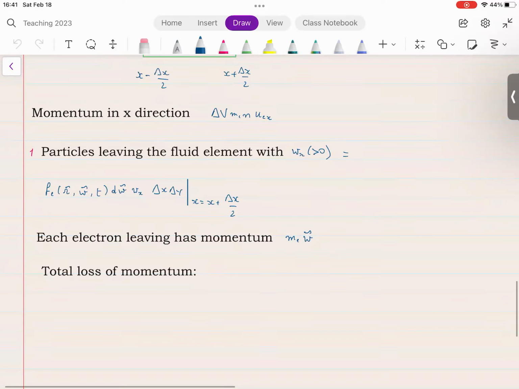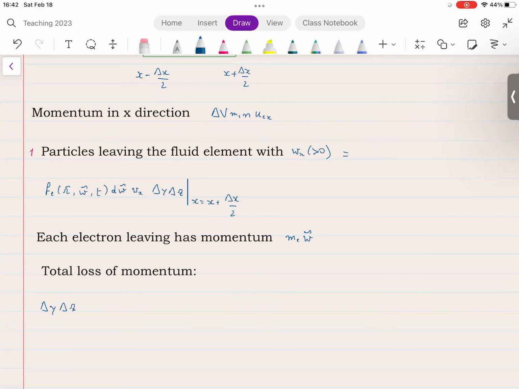And that's going to be, okay, the size of the surface I can take out of the integral, delta y delta z. Oh, I have x and y here, sorry about that. It's the size of the surface of the fluid element that's perpendicular to the x direction, so that's delta y delta z.